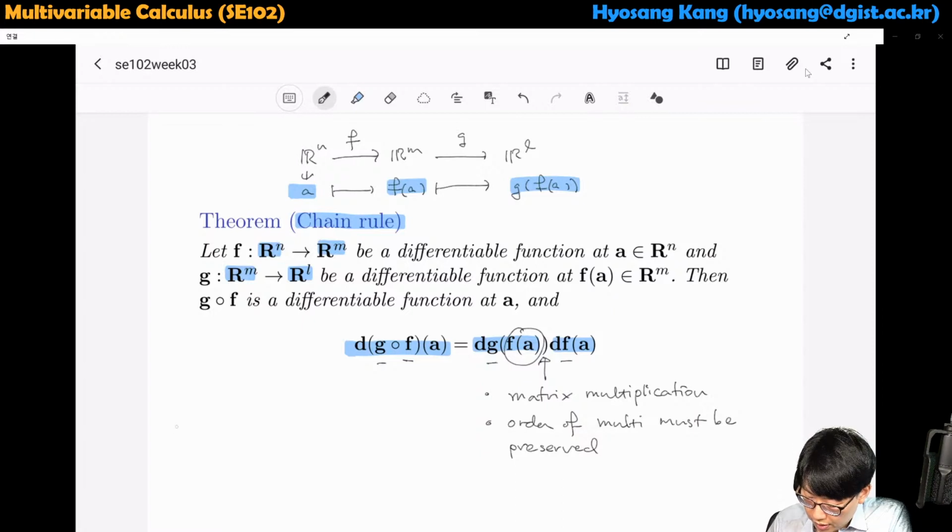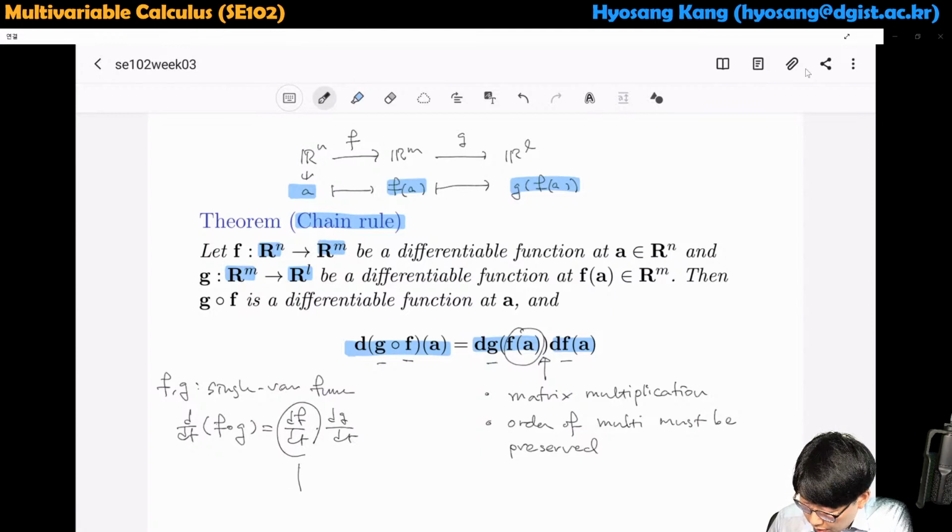So for example, you already learned that d/dt of the composition of two functions, if f and g are single variable functions, is equal to df/dt times dg/dt.